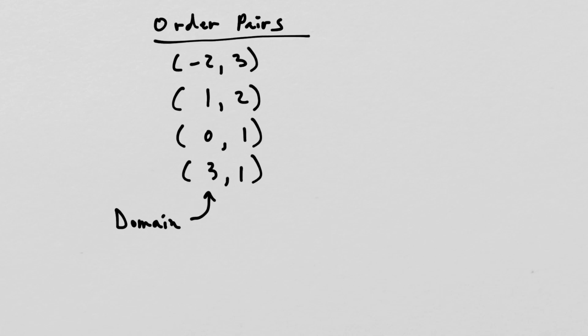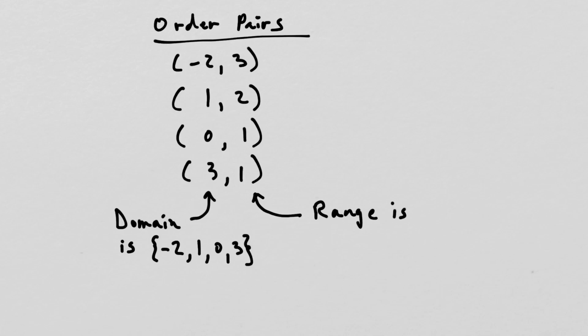Okay, so in other words, domain is -2, 1, 0, and 3. Likewise, the y coordinates are called the range. So the range of the ordered pairs is 3, 2, 1. Okay, you notice that I didn't write the number 1 twice because you only need to represent it once when you're asked about either the range or the domain.